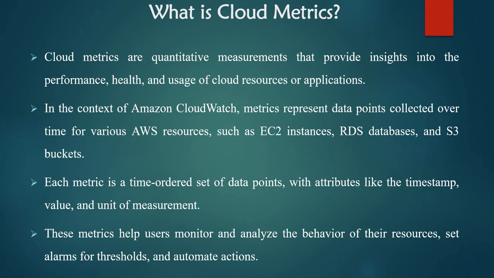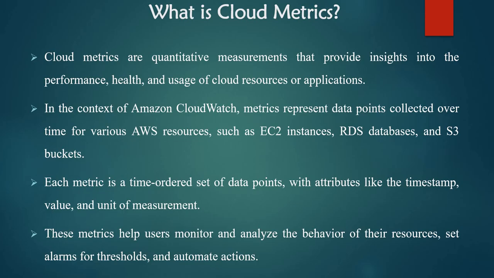In the context of Amazon CloudWatch, metrics represent data points collected over time for various AWS resources such as EC2 instances, RDS databases, and S3 buckets. Each metric is a time-ordered set of data points with attributes like timestamp, value, and unit of measurement. These metrics help users monitor and analyze the behavior of their resources, set alarms for thresholds, and automate actions.